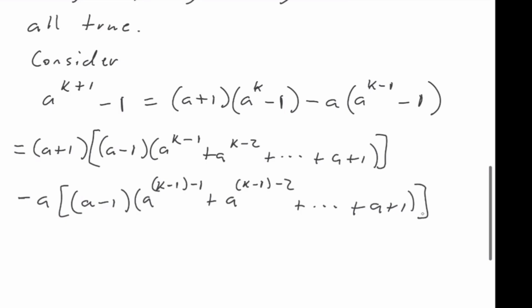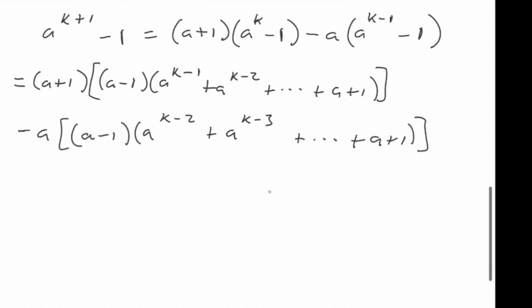Or, right, we don't really need to do this. It's just starting with k minus 2 and k minus 3, right? So let me go ahead and erase those. So k minus 2 and k minus 3.